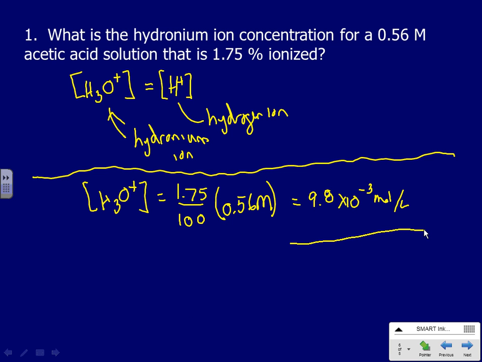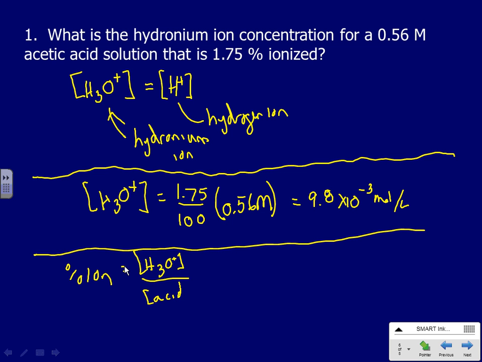Let me just show you the other way. If you're a fan of using the equation, you can easily rearrange the equation and solve. Percent ionization is equal to the H3O plus concentration divided by the concentration of the acid times 100.